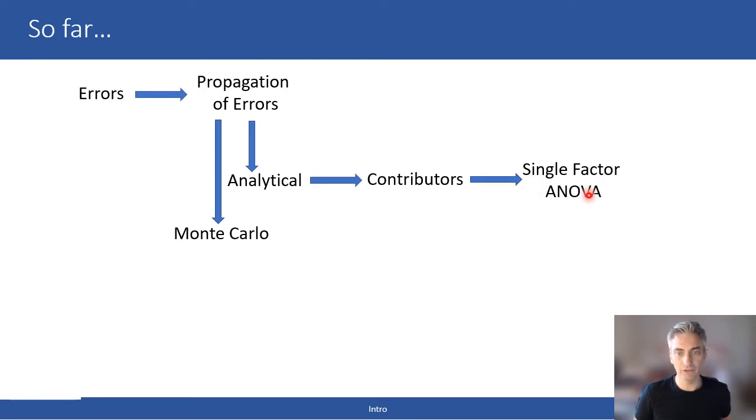That would be a single factor experiment. Maybe the factor would be temperature of the extrusion of the filament, the 3D printed filament. And then we might perform that experiment at many different temperatures to see which one led to the smoothest print. And then we could do a statistical analysis to see if it really is statistically better than the other prints.